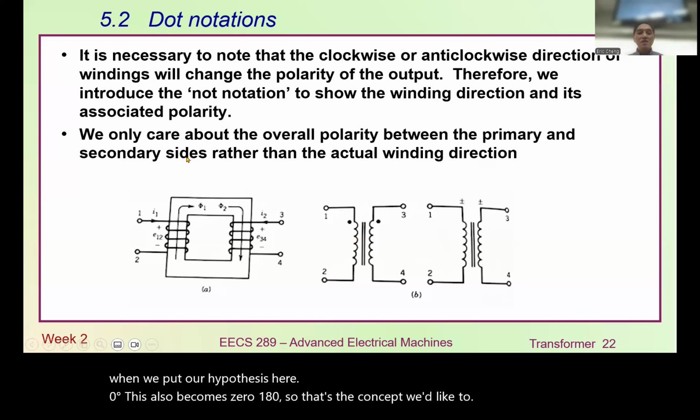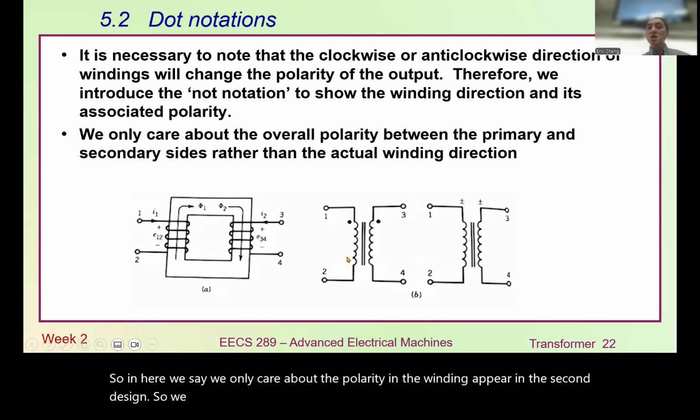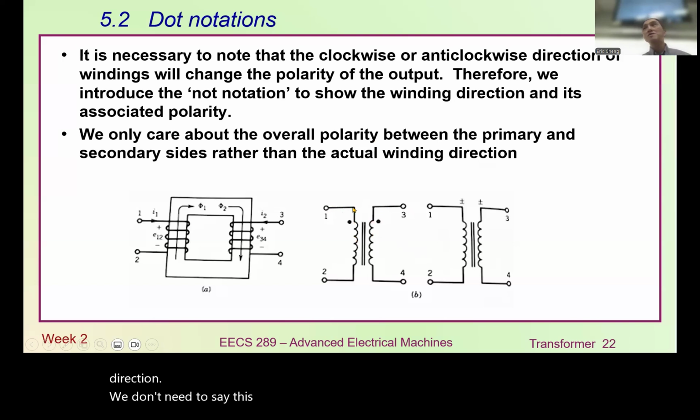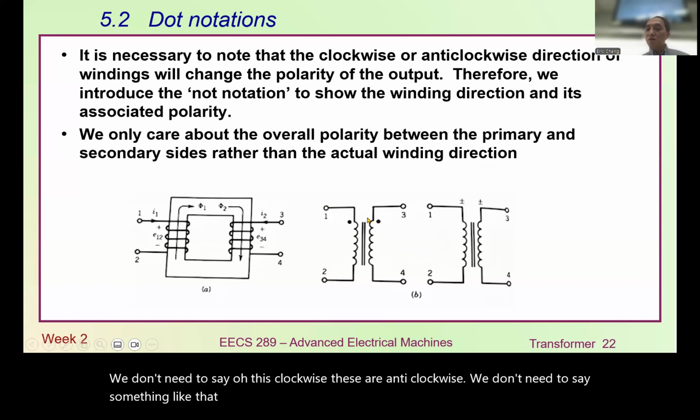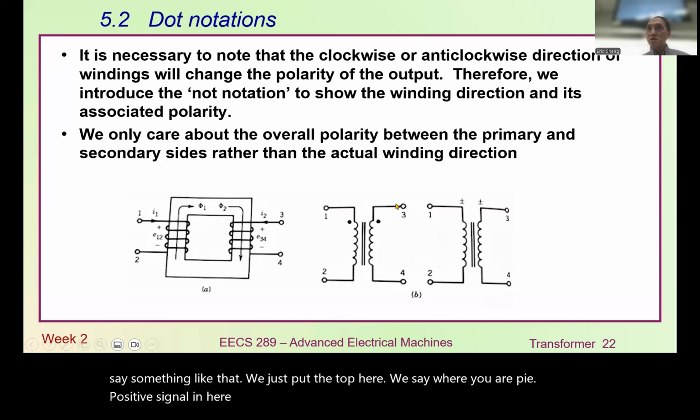So in here, we say we only care about the polarity in the winding appearing in the secondary side. So for this symbol here, we don't need to tell our user about the winding direction. We don't need to say, oh, this is clockwise, this is anti-clockwise. We just put a dot here. We say, when we apply a positive signal in here, this side will become positive.